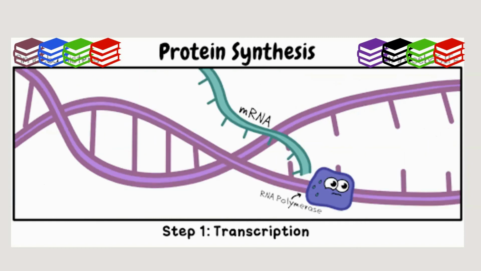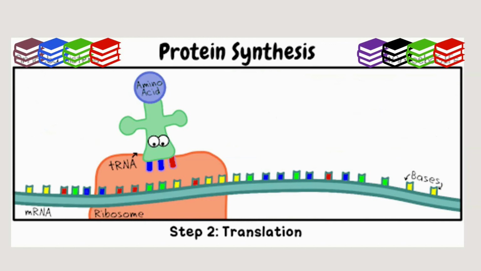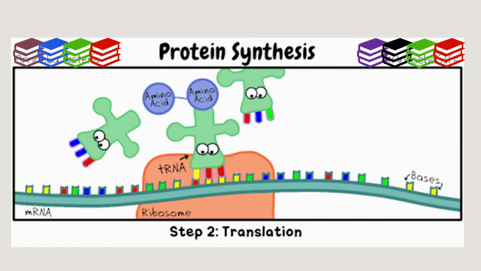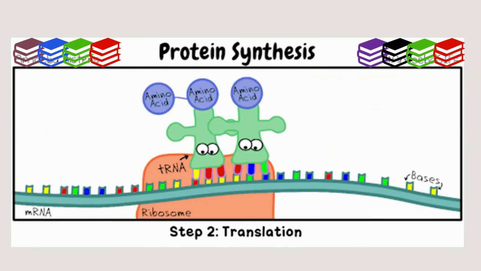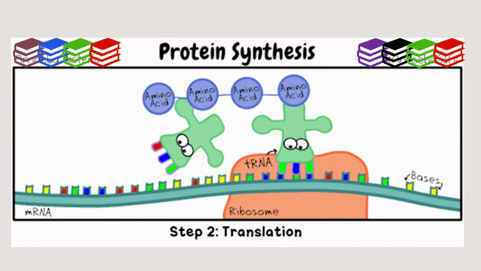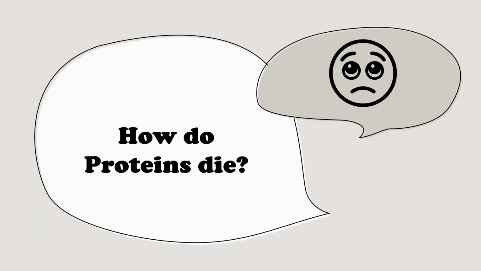It is making mRNAs, and now this mRNA is caught up by the ribosomes and the translational machinery, and all the tRNAs are coming one by one and are bringing amino acids with them. And now this is going to make a protein strand. So this is how the life cycle of a protein starts.